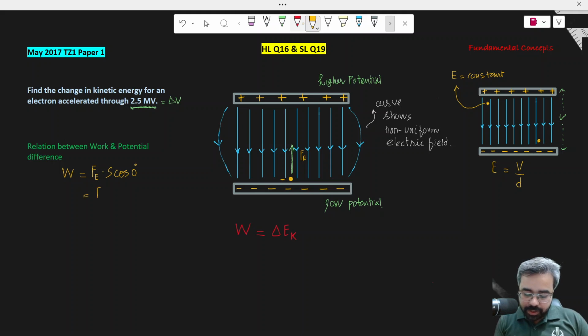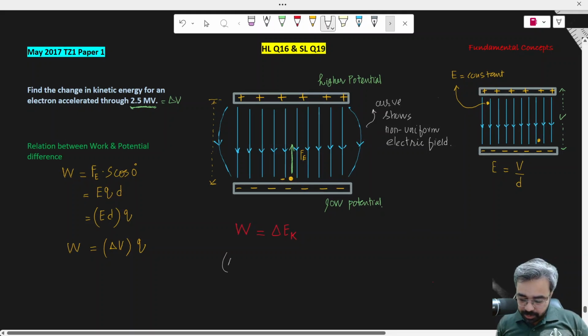The electric force is eE, where E is constant, q is the charge on the electron, and s is the distance between the plates, because in this specific example I'm assuming it's going from negative to positive. As I mentioned, it is not necessary, so it is qEd. Now E times d equals the potential difference, so the work done in that region is always the potential difference times the charge. We are going to use exactly this here.